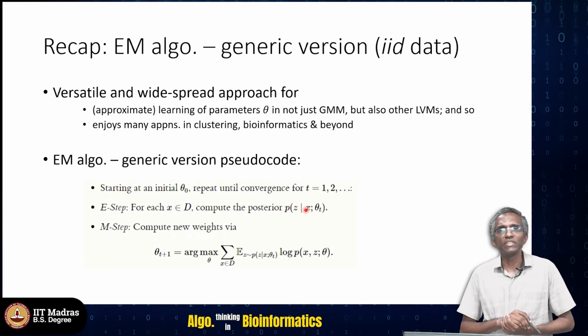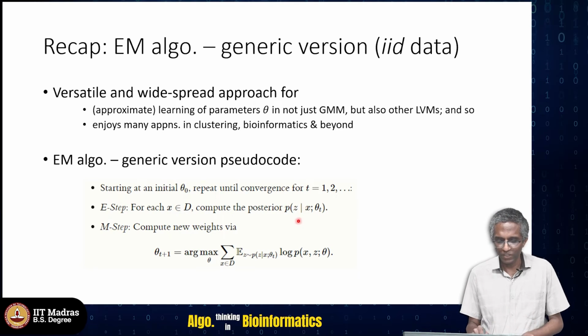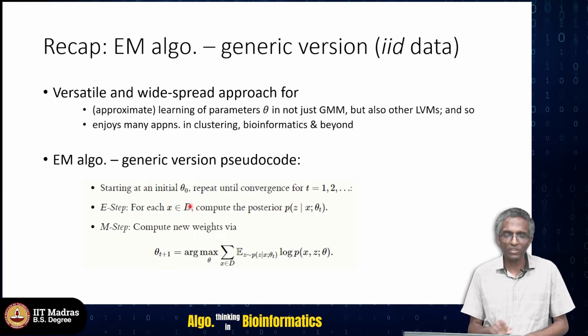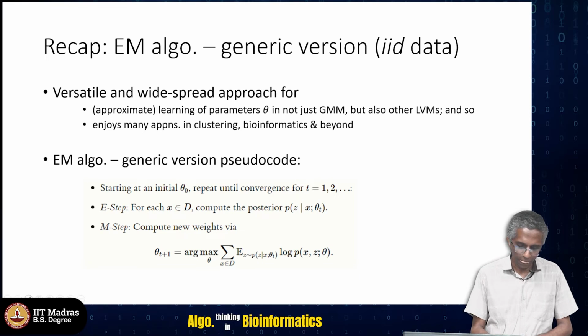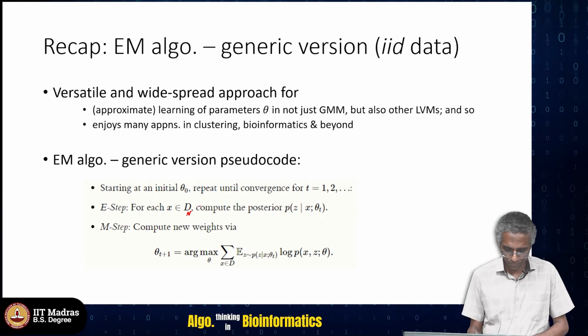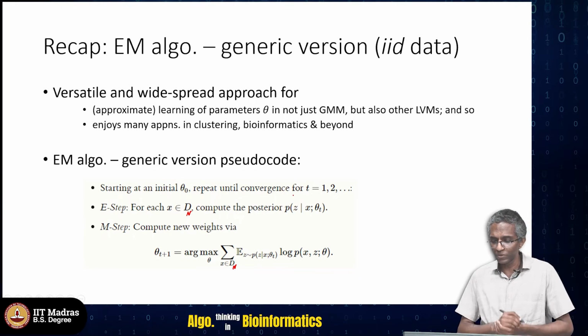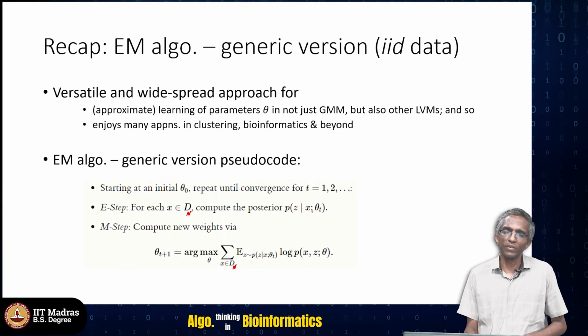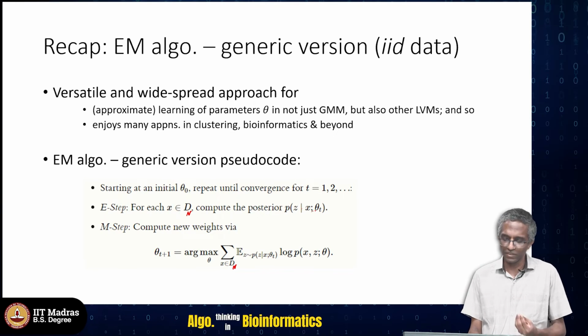The E step is also easy, we have already seen it in inference. For each data point in your total set of data points D, if there are capital N data points, you can compute the posterior, which is P of z given x using the current set of parameters theta t, where the iteration is given by theta t.